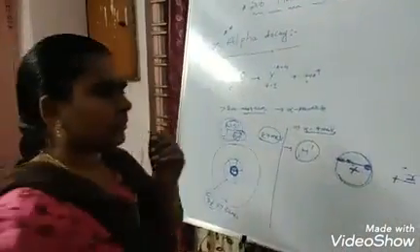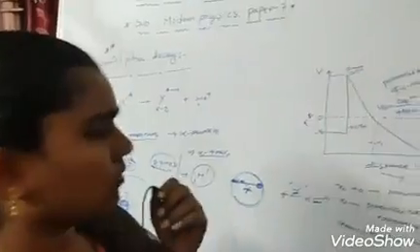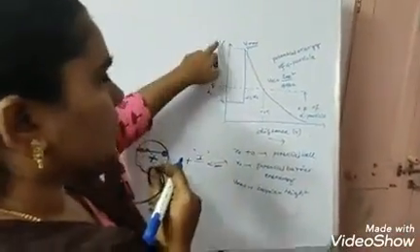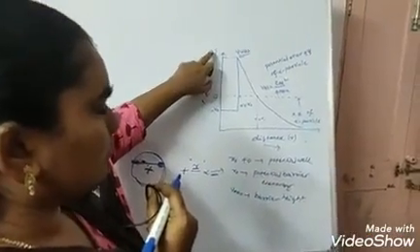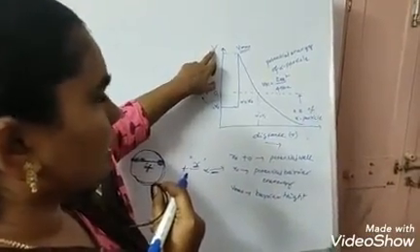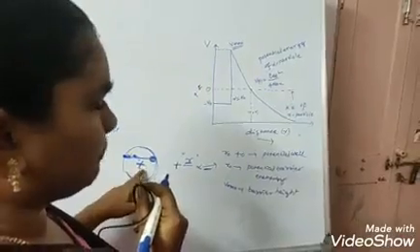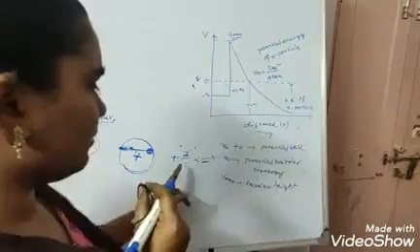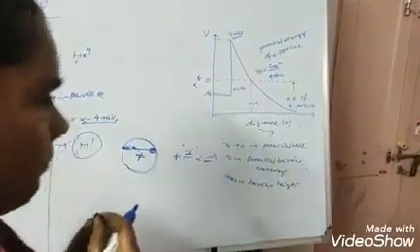Actually, the meaning of this graph is the potential energy of the nucleus against the distance between the nucleus and the alpha particle.